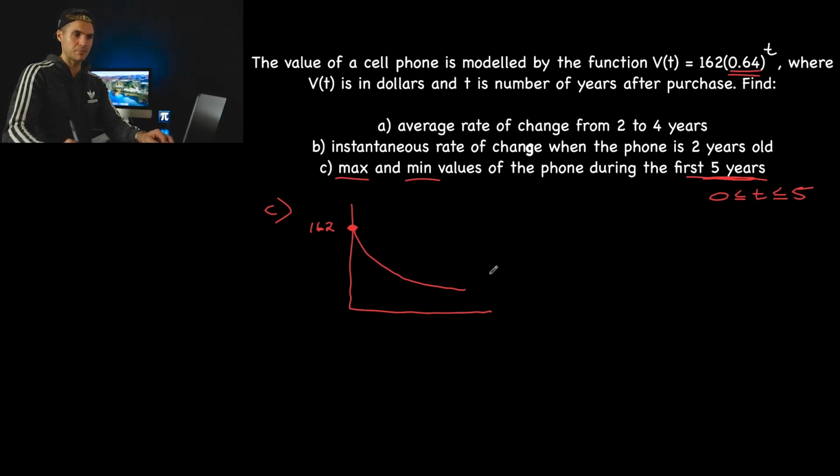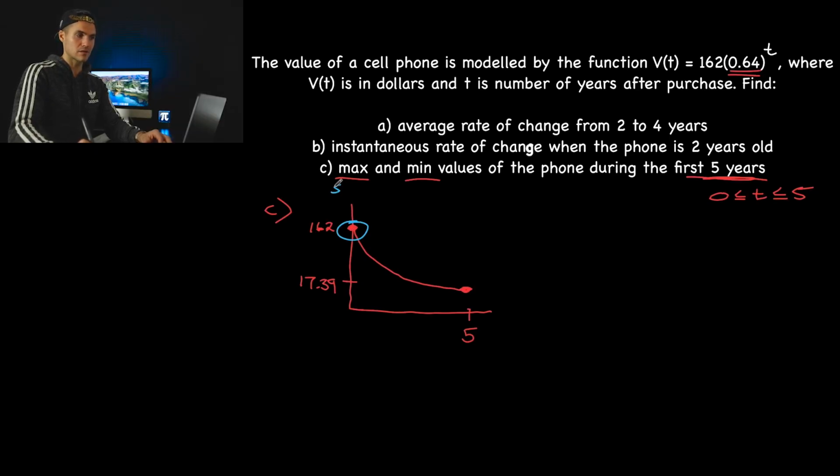Up until the 5th year, if we plug in 5 into this function, you would get a value of approximately 17.39. So the maximum value of the phone on this interval between 0 and 5 is at the beginning of the interval.